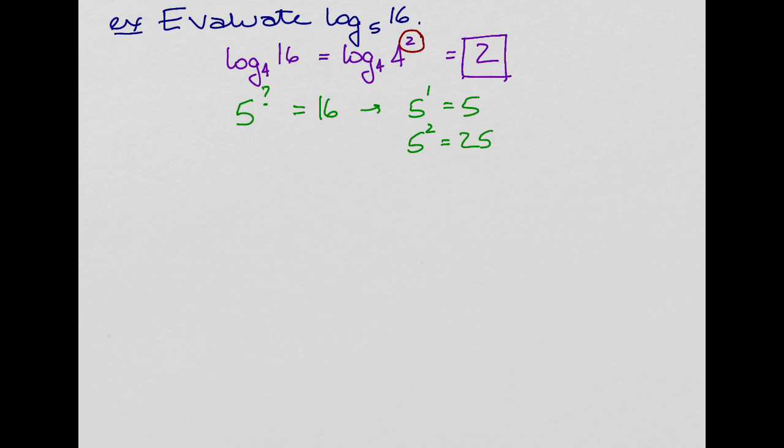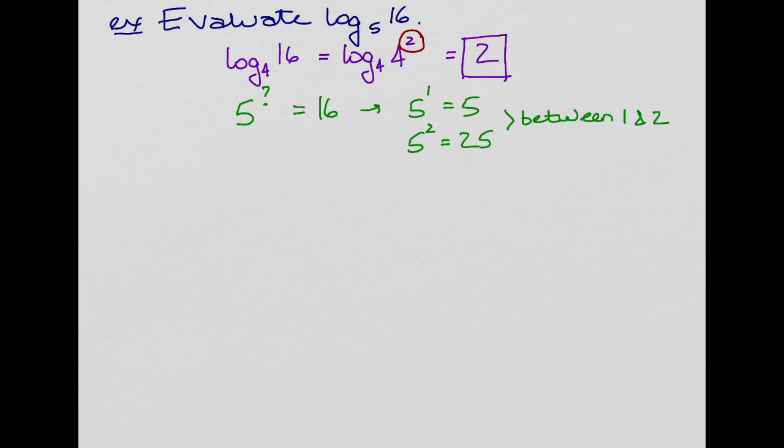So it's something between 1 and 2, but that's not very exact. I'd really like to know exactly what power I need to evaluate that logarithm, and I just can't tell. That's not something we can do easily.